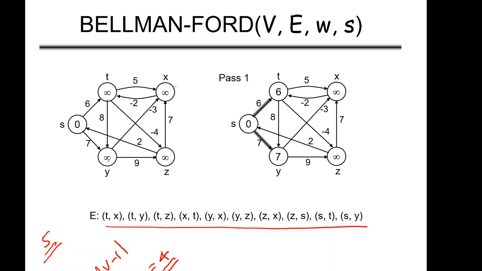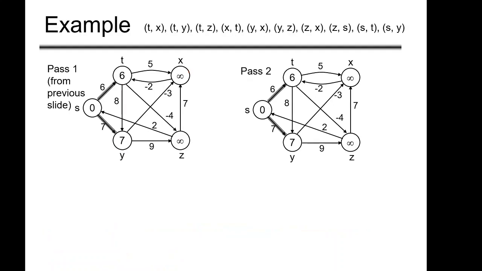From S we cannot go to any other places, so all the other nodes have infinity weights, because after pass 1 we cannot reach these vertices from S. We can reach only T and Y. So we have just gone through all the edge set, and right now there is no path further.